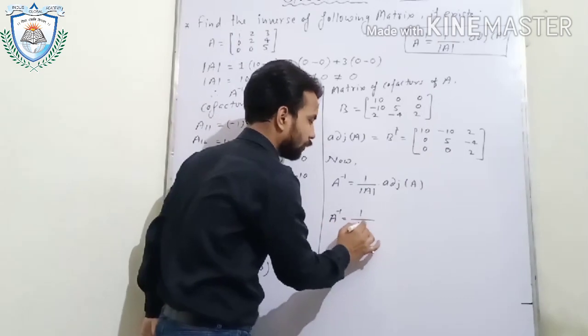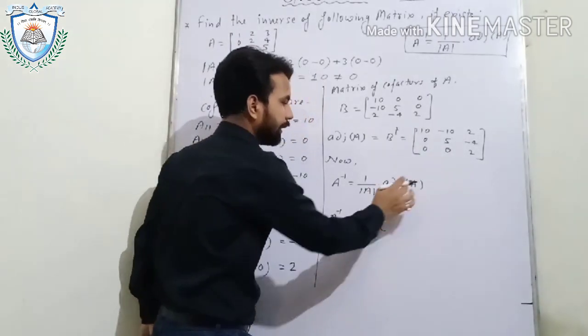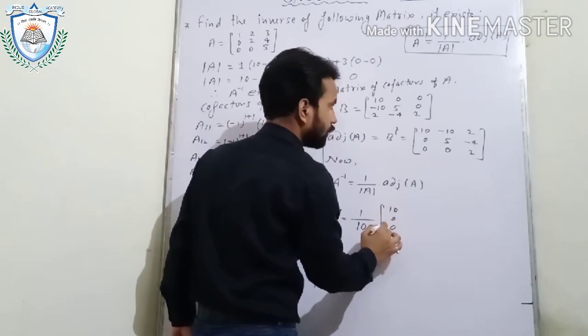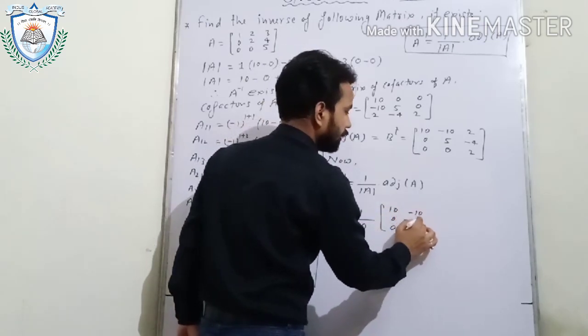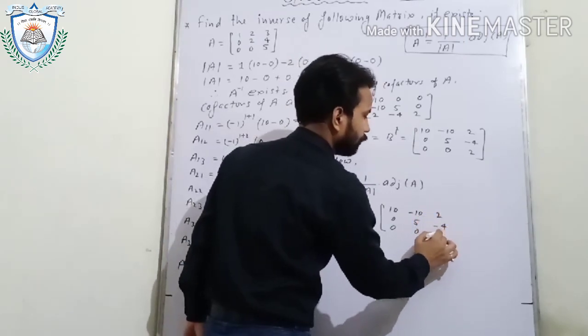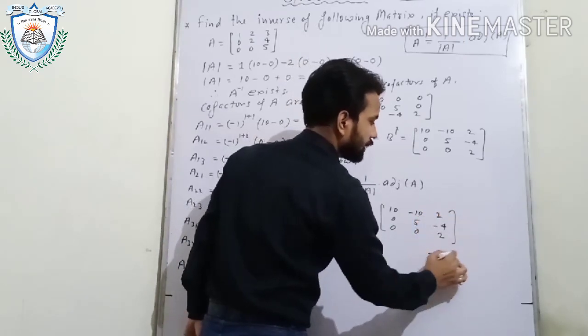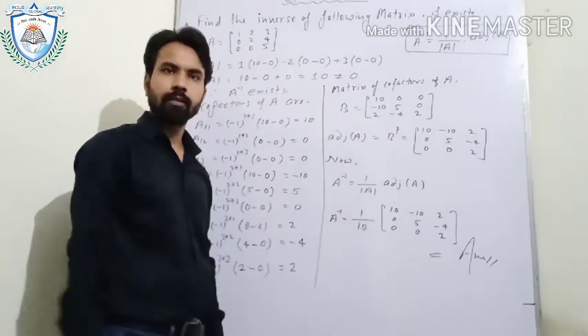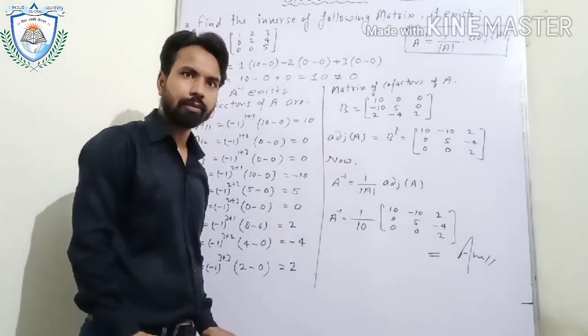So this is 1 upon 10 into adjoint of A. Adjoint of A is this: 10, 0, 0, minus 10, 5, 0, 2, minus 4 and 2. So this is A inverse of this matrix. Clear? Hope it is clear to everyone.